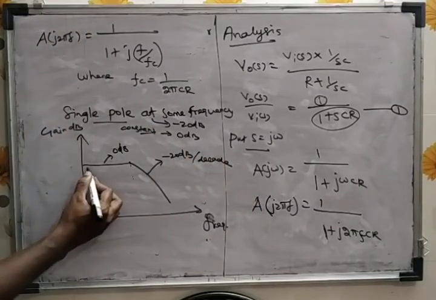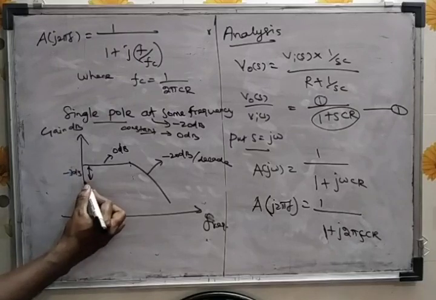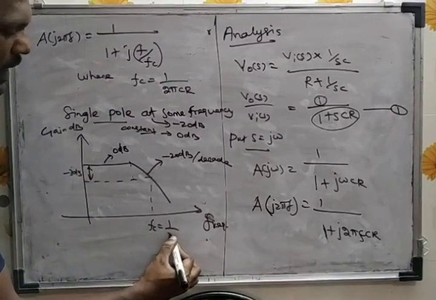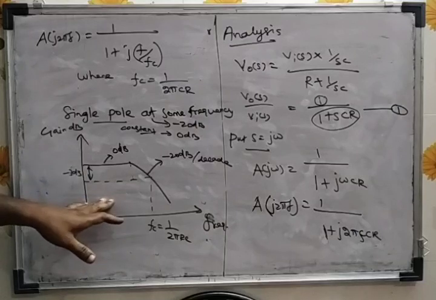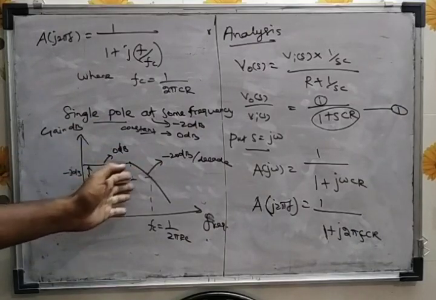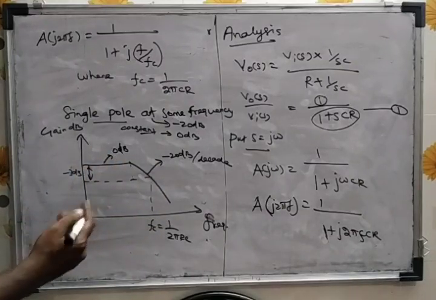The minus 3 dB frequency gives the cutoff frequency fC equal to 1 by 2 pi RC. From this circuit we can say it allows low frequency and rejects high frequency components, so it is a low pass filter.